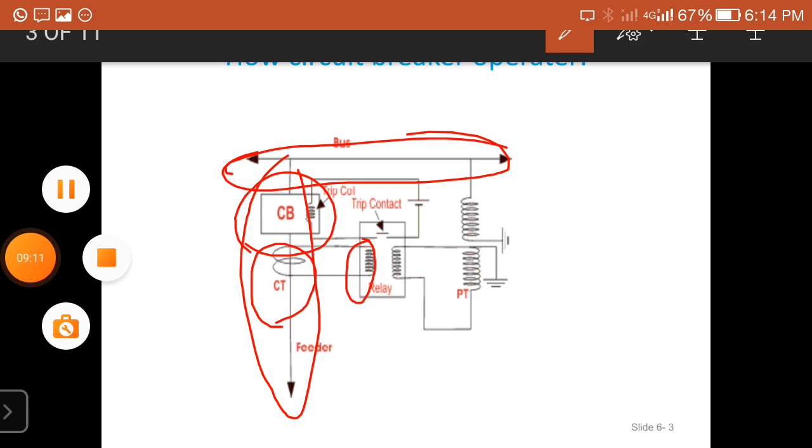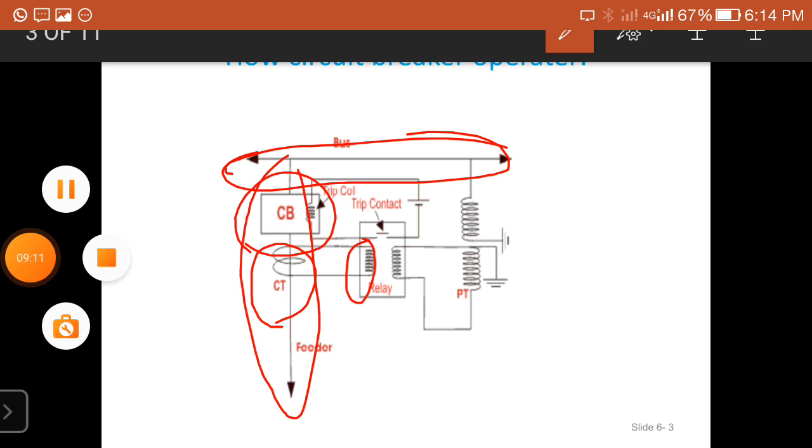Next, in the feeder we are connecting the circuit breaker. That circuit breaker is connected to the tripping coil. The secondary of this CT is connected to the relay coil. This is the relay coil primary. The relay coil secondary will be connected to this potential transformer.